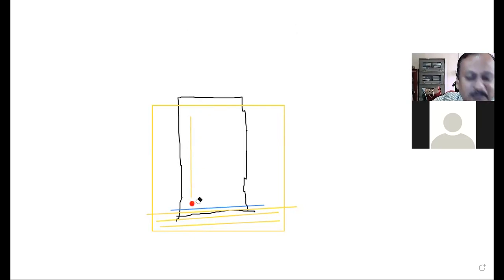I cannot copy and paste in this. Doesn't matter. Just imagine that the sample spot has come here now.